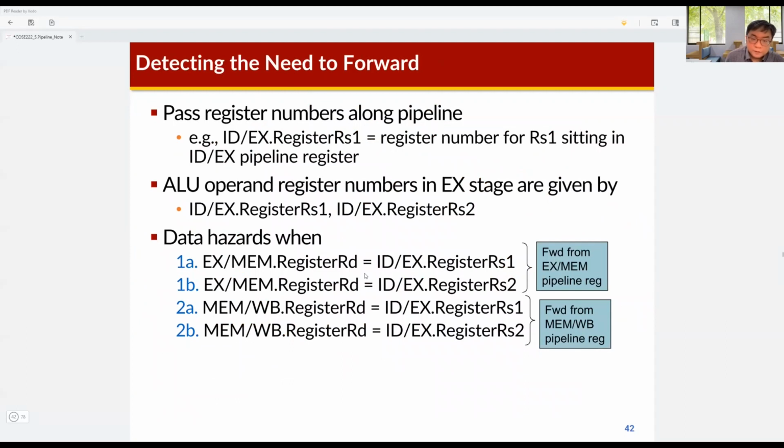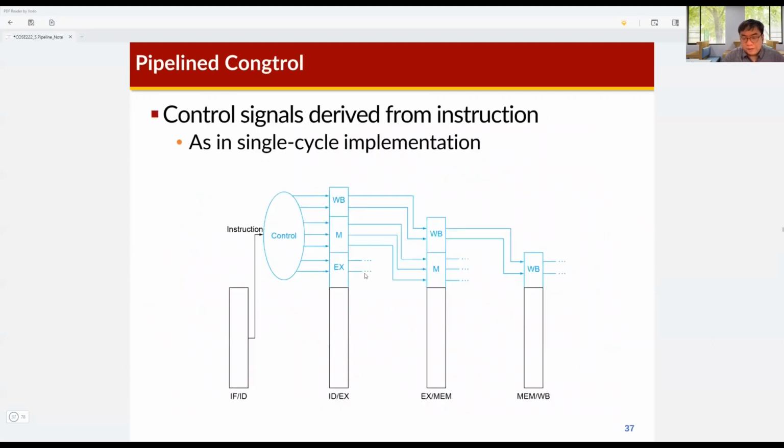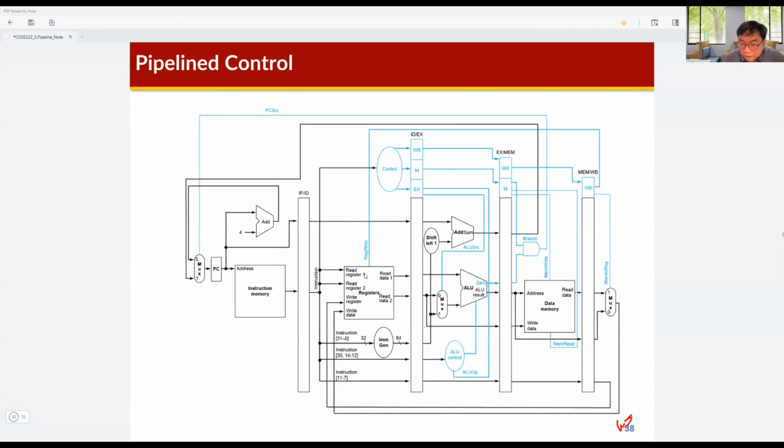So this slide explains this condition. And then if you see this pipeline architecture, you can find that this is the ALU result.